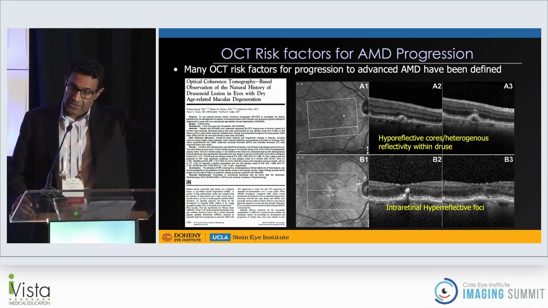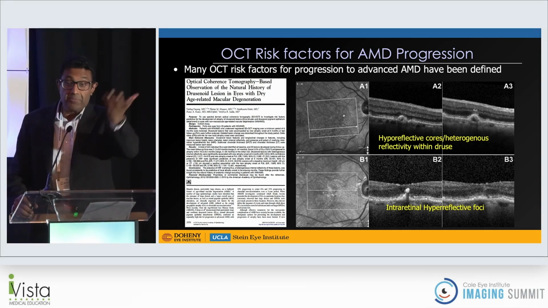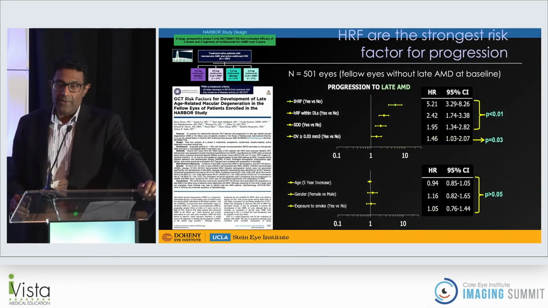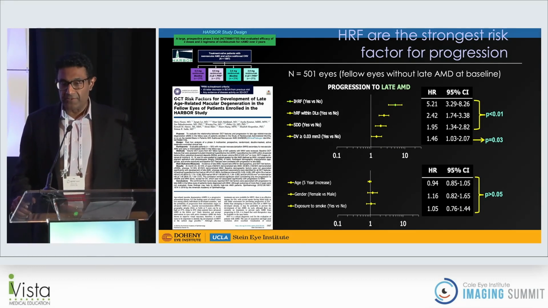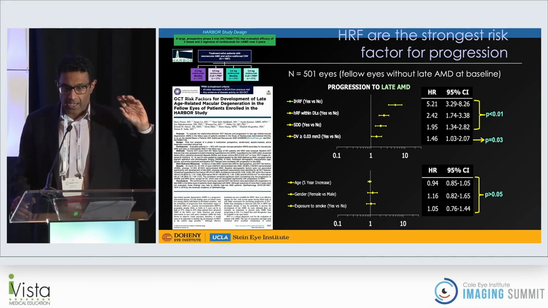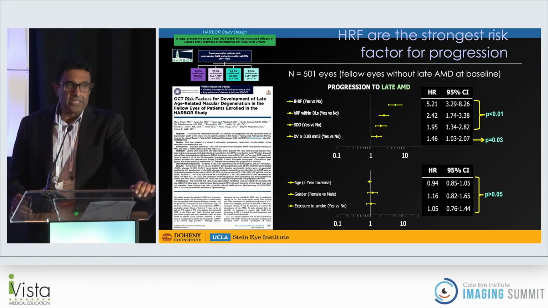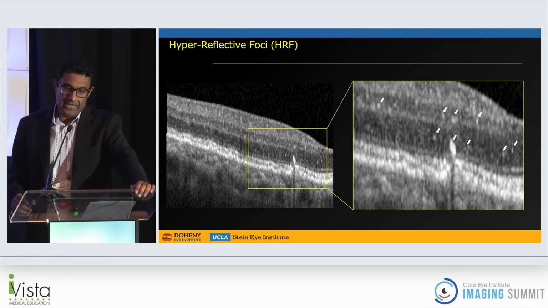We've identified features like these dark spots in drusen or hyperreflective foci, which are a really hot topic these days in retina. And we've shown in multiple different studies, this is just one of many, where repeatedly these factors turn out to be important for increasing the risk for progression to late AMD.